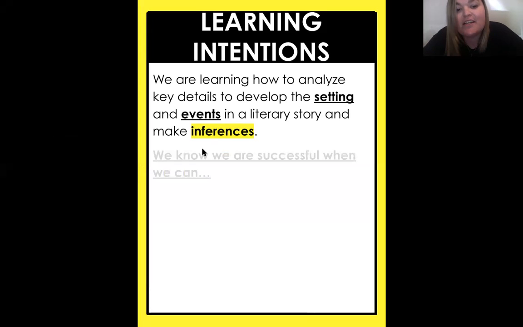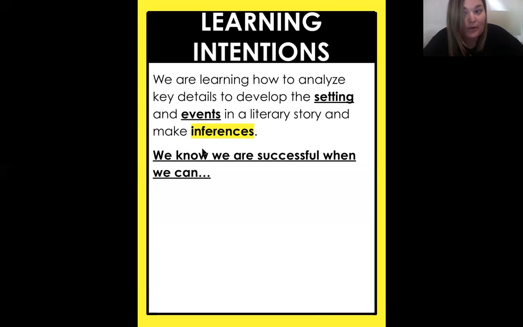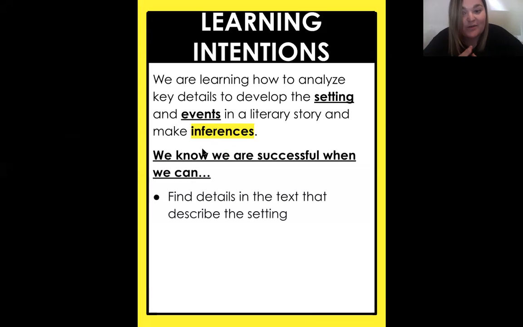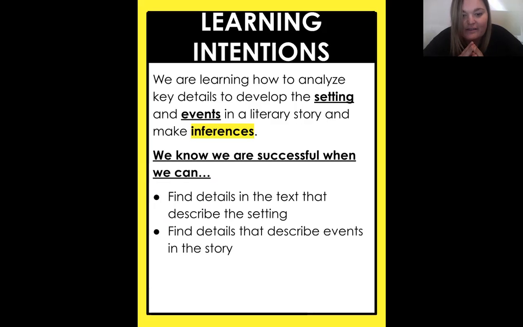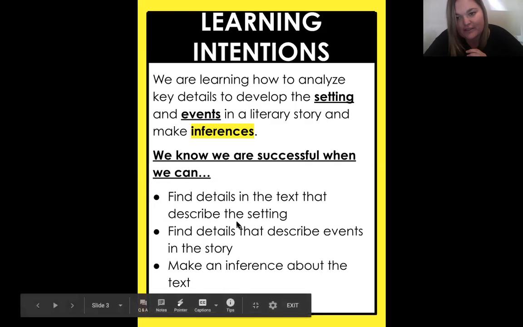Great job. So we know we are successful today when we can find those details in the text that specifically describe the setting. Then we're going to use those details that describe the setting to make an inference. So we're not going to find those details twice. I just meant that you're going to use those details to form your inference.